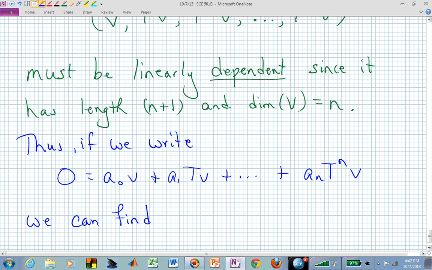If we know we have linear dependency among those n plus 1 vectors, v through T to the n v, then some of those a's can be non-zero.